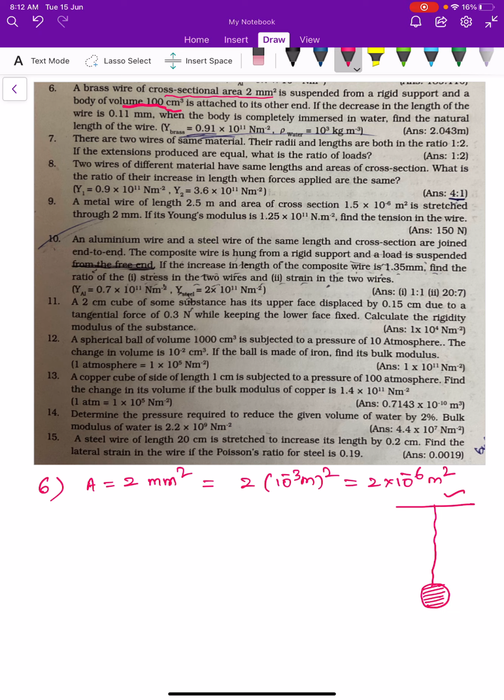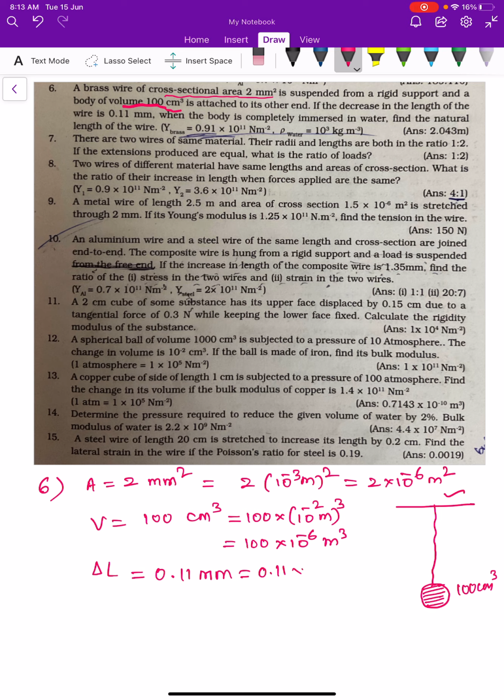Volume of this body is 100 centimeter cube, that is 100 into (10 power minus 2 meters) whole cube, equal to 100 into 10 to the power of minus 6 meter cube. This is the volume. The decrease in length of the wire, delta L, is 0.11 mm, that is 0.11 into 10 to the power of minus 3 meters.